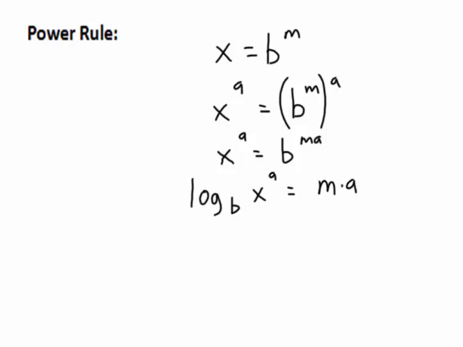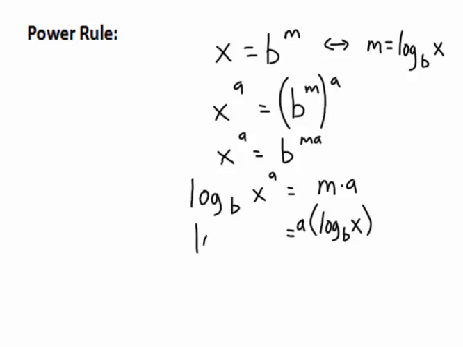Now, since we started with x equals b to the m, the logarithmic form of that, if we solve for m, is really just the same as log base b of x. And once again, we can switch that m down here into log base b of x. And I'm just going to move the a to the front, multiplied by a. Log base b of x to the a.